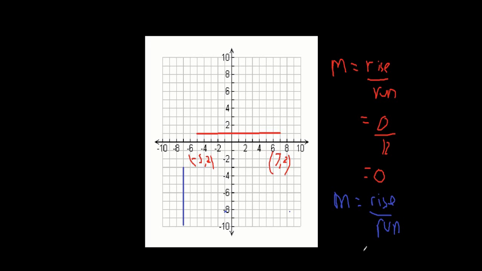Our rise this time, we could just subtract -7 and -3, which would be -7. And like I said before, there's no run, so that's 0. And this time, since we're dividing by 0, we get undefined.